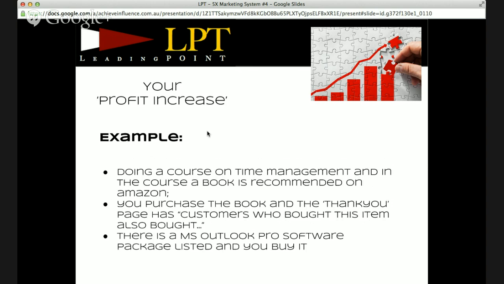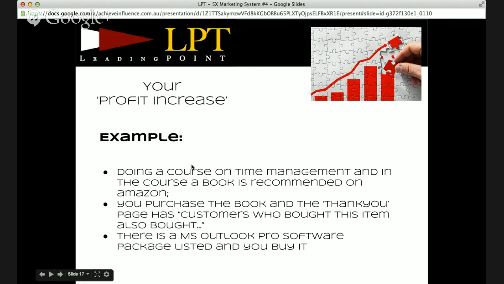Now I want to be able to utilize a time management system software that I can use online within my PC and my work environment to practice what I've learned in the course and the additional stuff I'm going to read about in the book, and actually put it into practice within an ideal environment that's going to allow me to implement what I've just learned in a practical fashion. So you go ahead and you buy the software. That is a great example of a profit increase option that utilizes the cross-sell example, or the cross-sell option there.